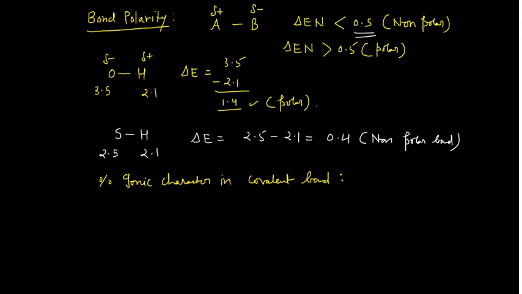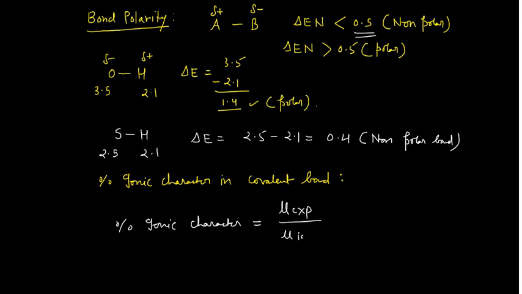So how can you calculate it? The formula you will use to calculate the percentage ionic character is: percentage ionic character equals the experimental dipole moment divided by the theoretical dipole moment.